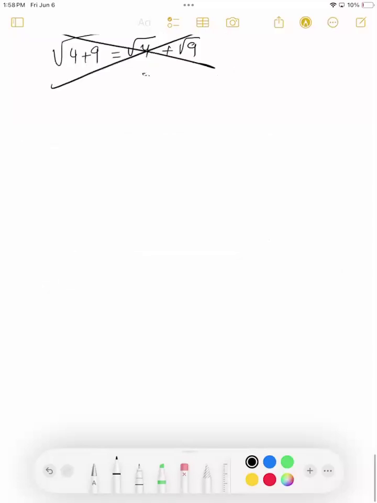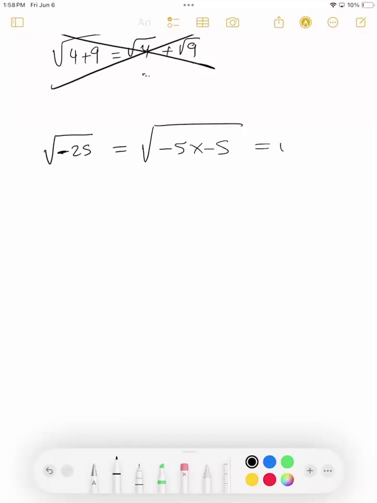What if you have a square root of a negative number? When you have a negative number, the answer is undefined, because if I put negative 5 times negative 5, I get 25. I don't get negative. If I put positive 5, I get 25.